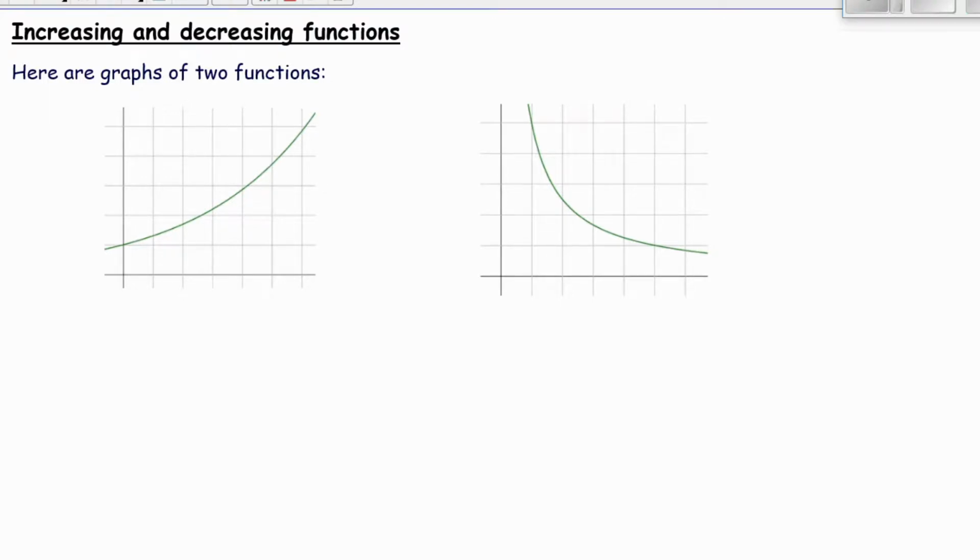Here are graphs of two functions, and we want to investigate some features of these graphs. I'll start with the first graph on the left.